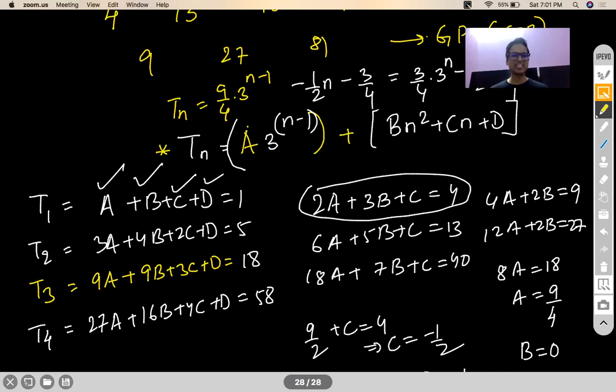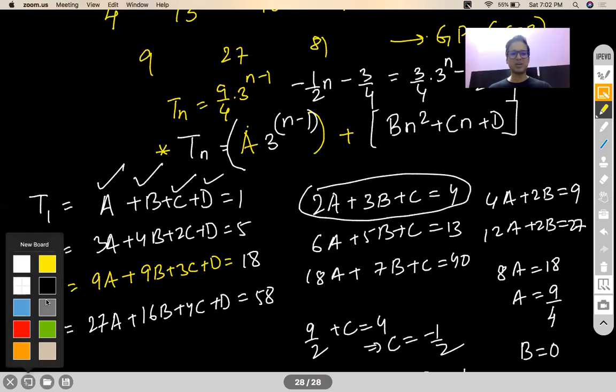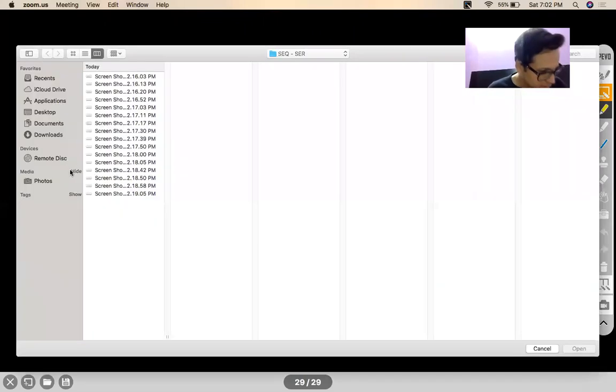So once you know your nth term, you will always be able to find out the sum of the series as well, which I'm not doing because I know you can manage it. Okay. But before we close, I would like to give one more question on this, and then we can go to the VN method of summation. Let's do this question.